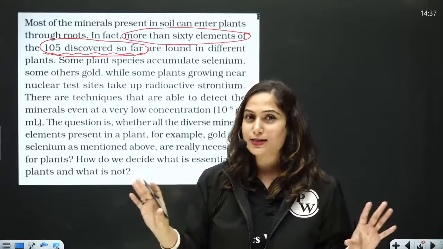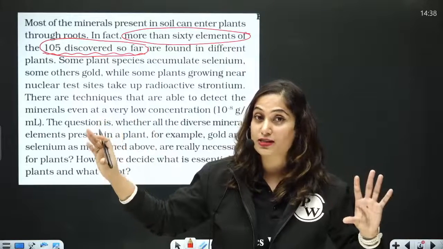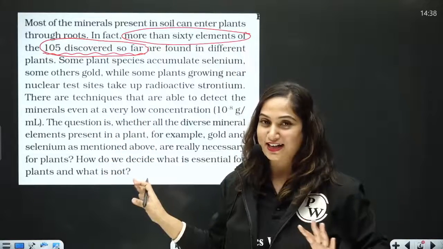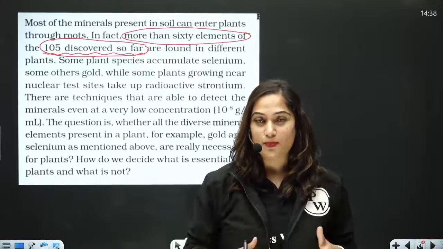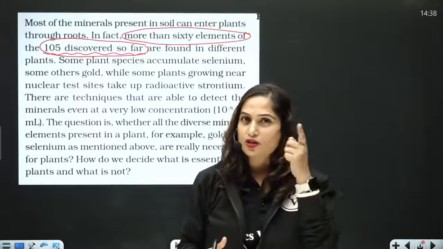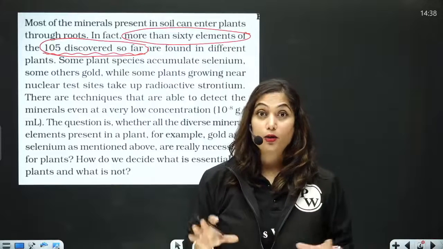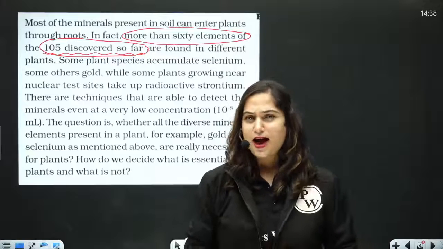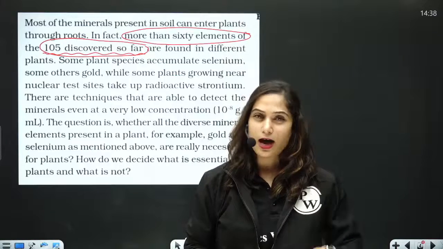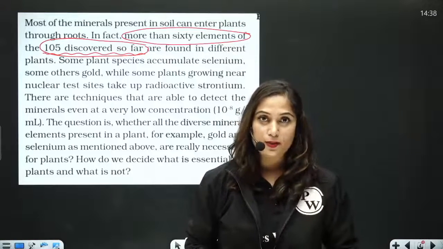These lines are important. Now the question arises in my mind: more than 60 elements are found present in the plants, are they all essential for the plant? Are they all good for the growth of the plant?